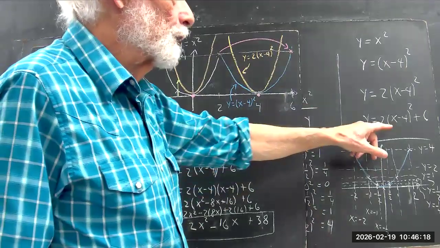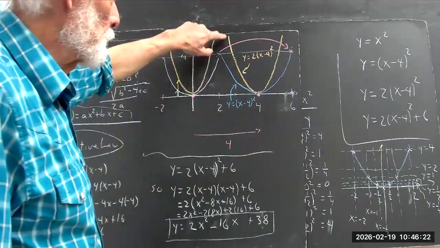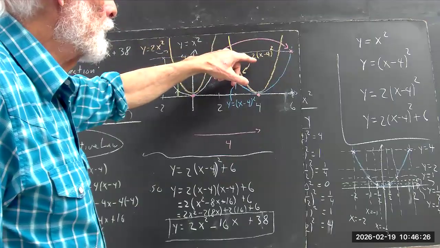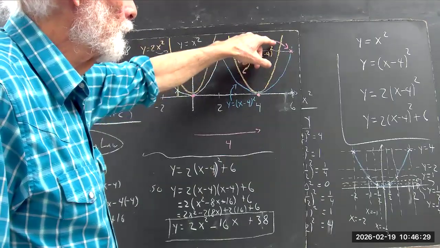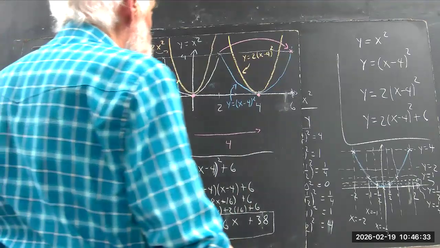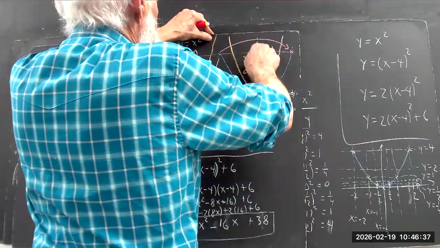But that function is exactly the same as this function. Now, where's the axis of symmetry for the y equals 2 times the quantity x minus 4 squared graph? Well, the axis of symmetry goes right through the vertex.